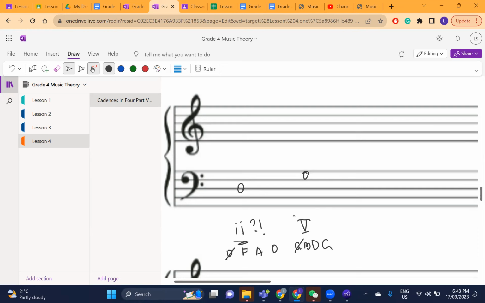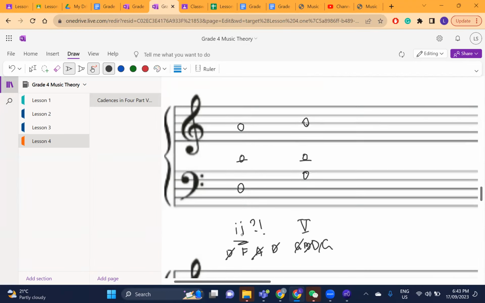Now the rule for this is there's a note in common, and then the other 2 voices, I think one goes up and one goes down. So the note in common, let's mark that out first. D and D. No, both voices go up. I'm being stupid.